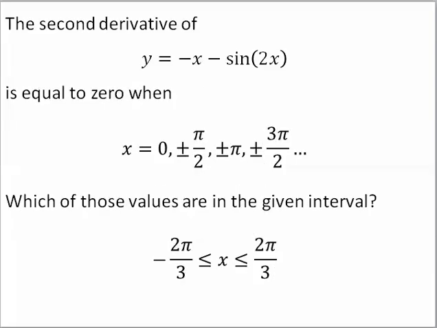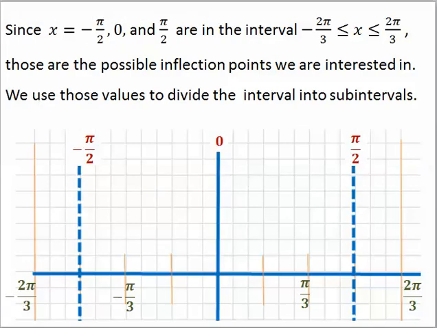Which of these values of x are in the given interval? See if you can sketch that out and find out which of them are in the given interval. In my sketch, you can see that negative pi over 2, 0, and pi over 2 are the points that are in the given interval.